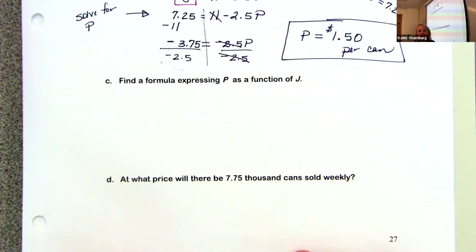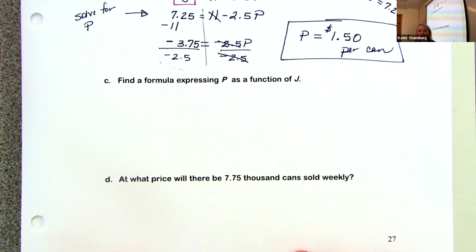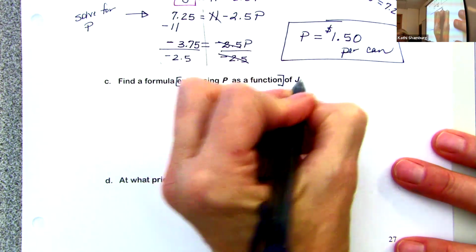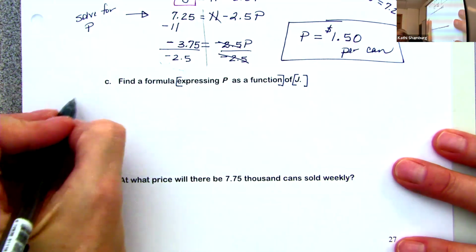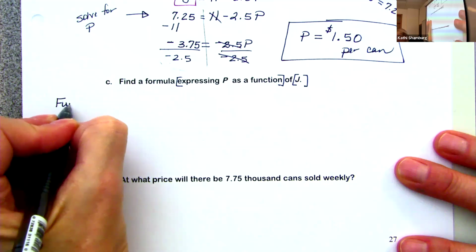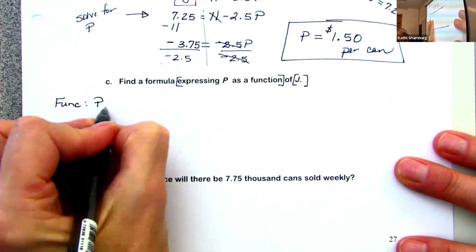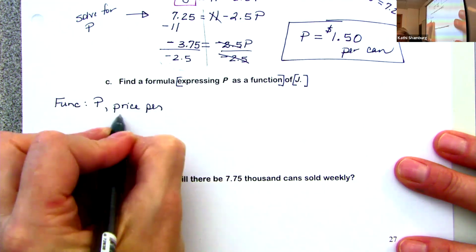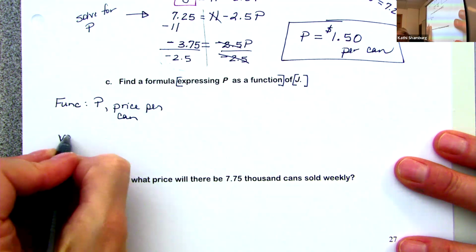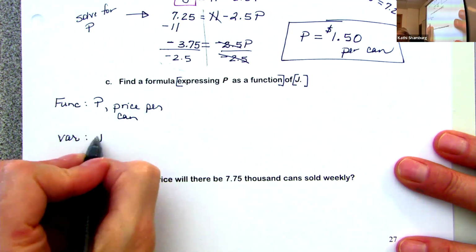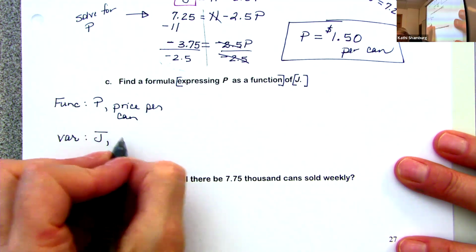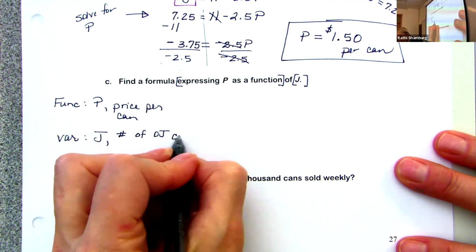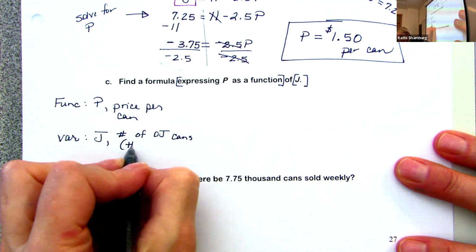All right. Find a formula expressing P as the function of J. Okay, so now they want my function to be P, which is price per can, and the variable to be J, which is number of OJ cans in the thousands.